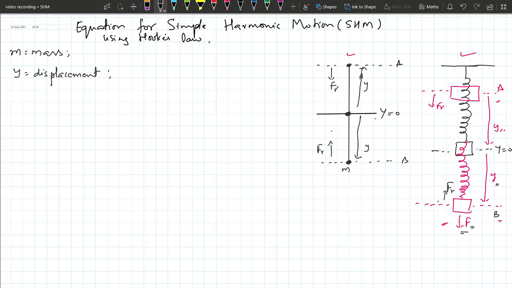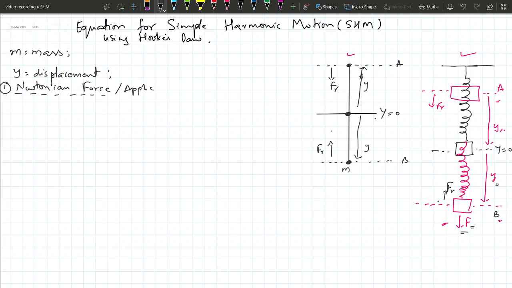For such a scenario, there are two forces which are acting. The first one is the Newtonian force or the applied force. What is the applied force in this case?